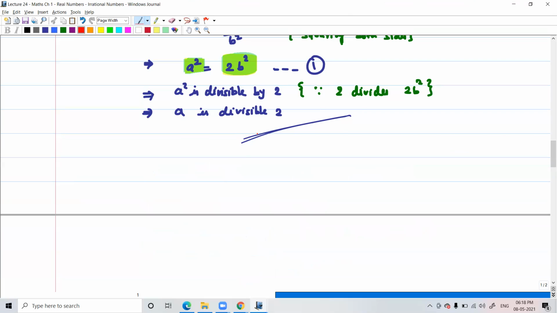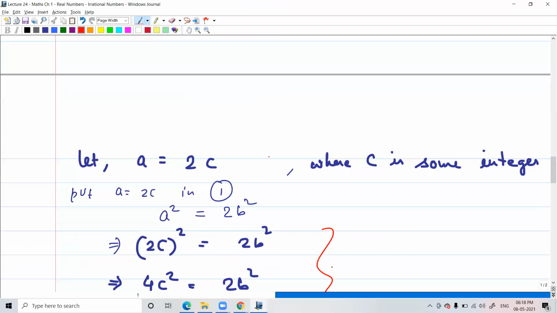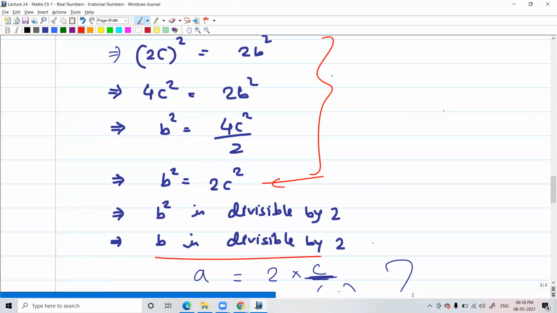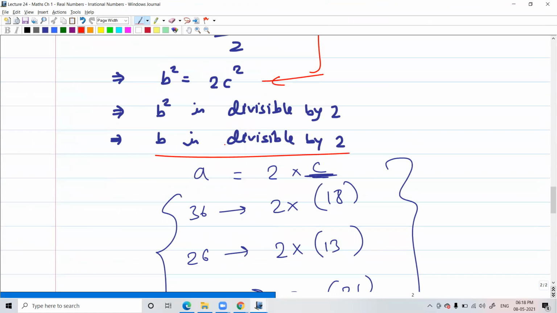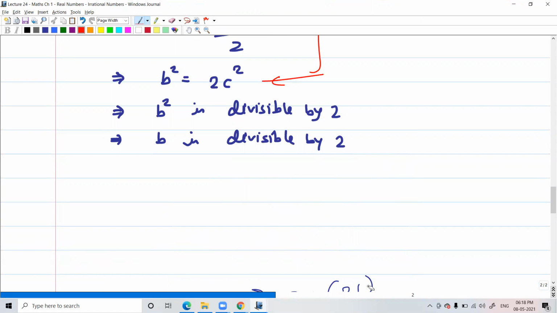Okay. So first, with this logic, we prove that A is an even number, A is divisible by 2. And then by this calculation, we prove that B is also divisible by 2. So since A and B both are divisible by 2, that contradicts our assumption that A and B are co-primes.